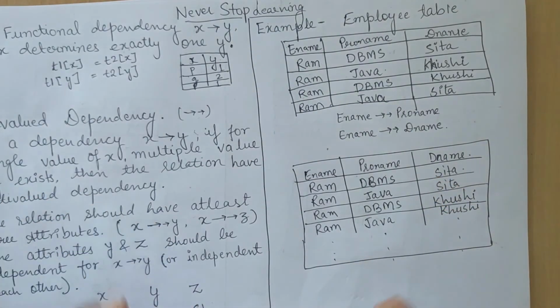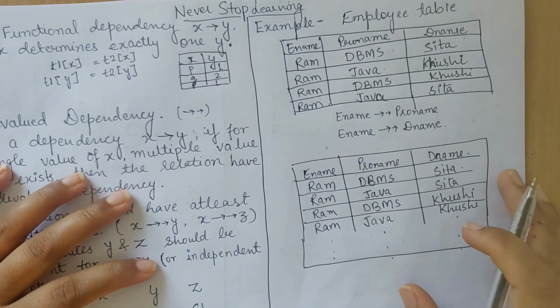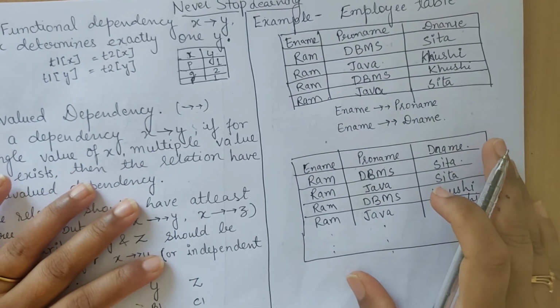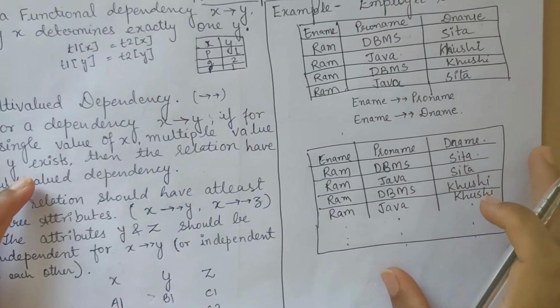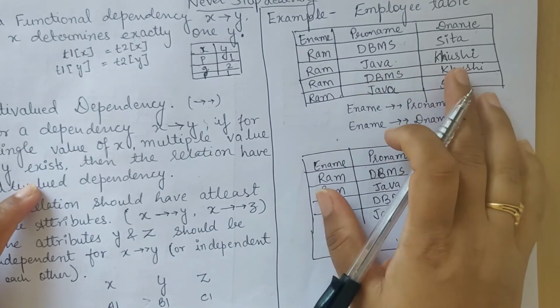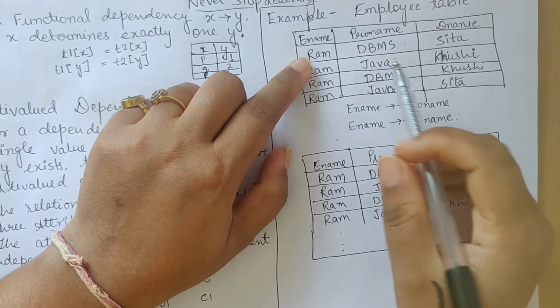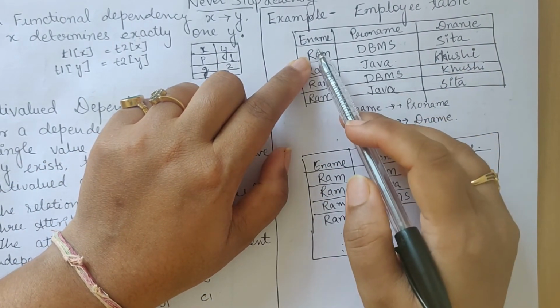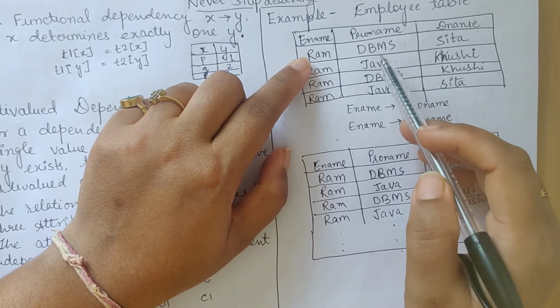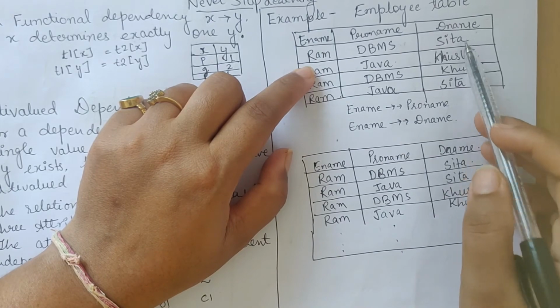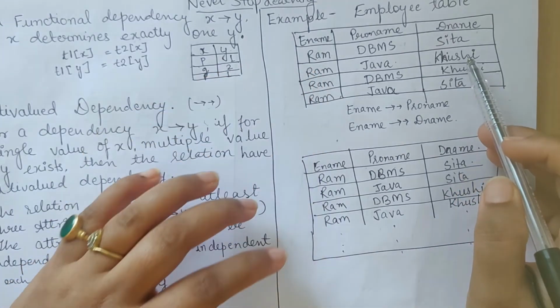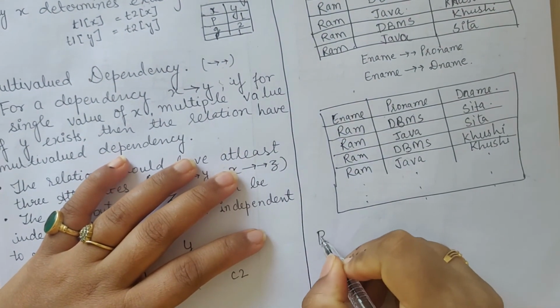Informally, whenever there are two independent one-to-many relationships, as you can see here: Ram is one person and there are two projects, one-to-many. Ram is one person and there is more than one dependent, so one-to-many. So let's make it a point to remember.